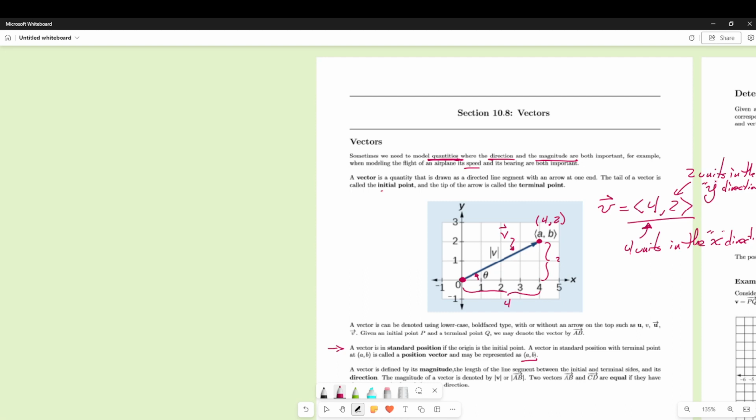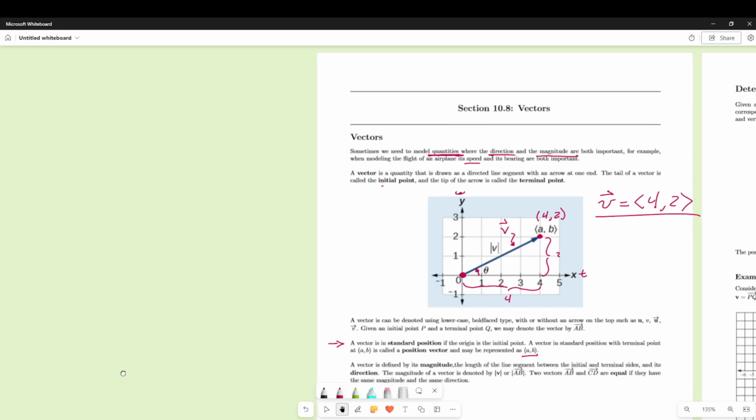Now I've said x and y in quotes there because it depends on what your coordinates are. If you call this the t-axis and this the w-axis, then it's 4 in the t direction and positive 2 in the w direction. But this is one of the more common ways to refer to a vector, particularly a vector that we are implying is in standard position.